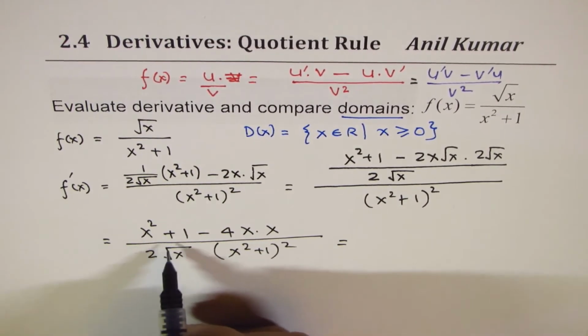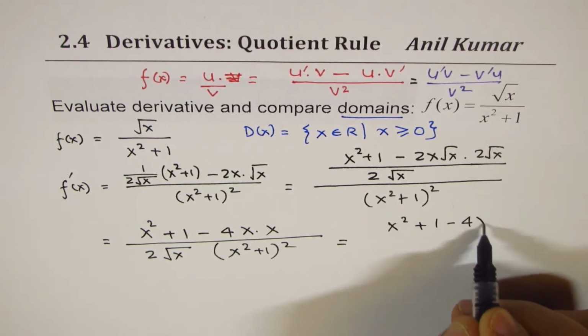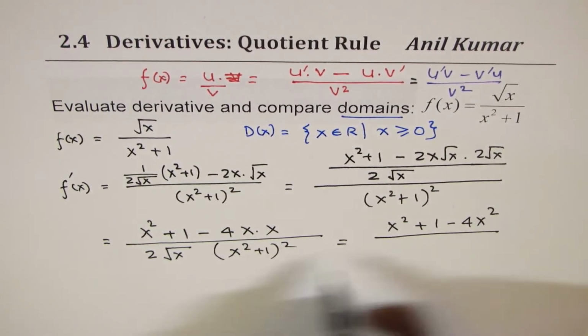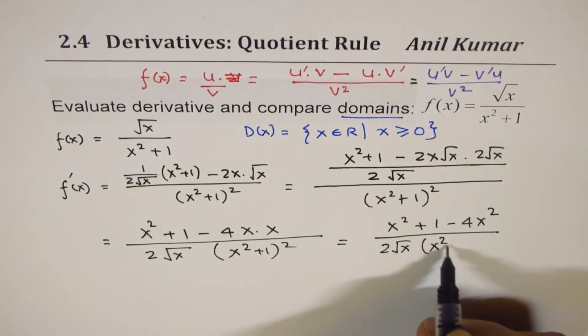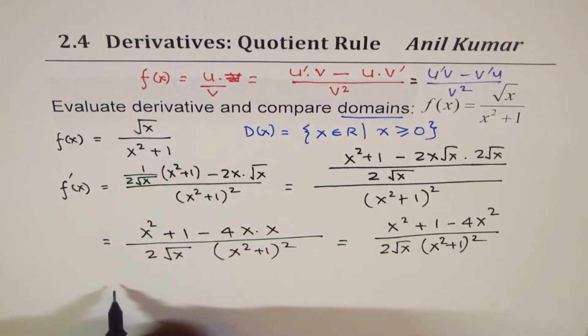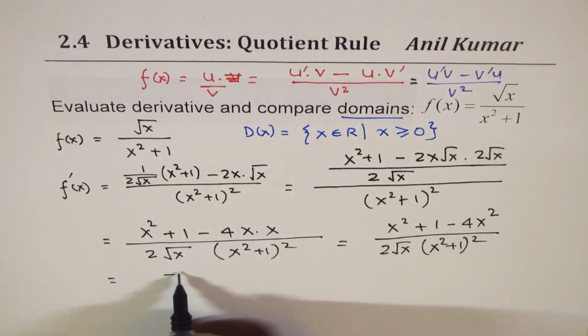So we could write this as x squared plus 1 minus 4x squared over all this, which is 2 square root x times x squared plus 1 whole square, and clearly now we get minus 3x squared.